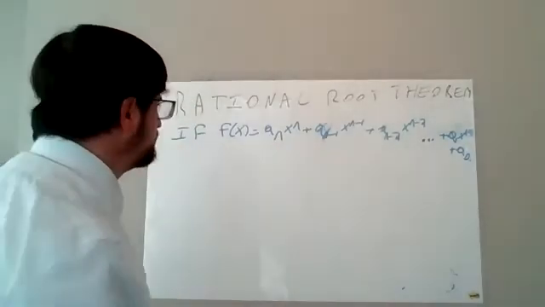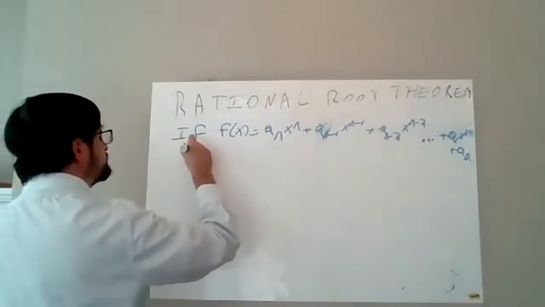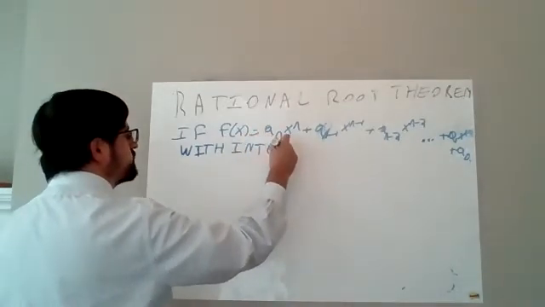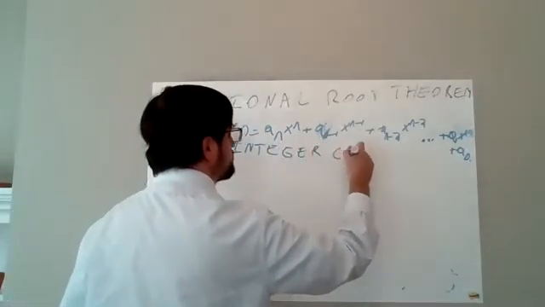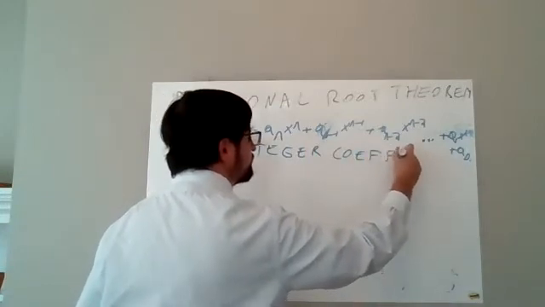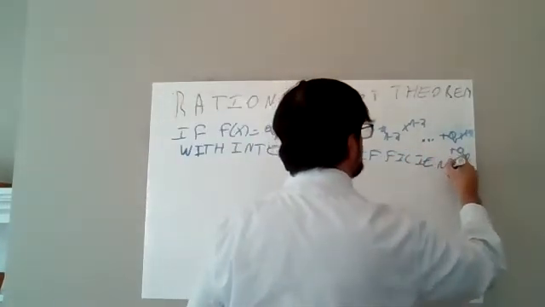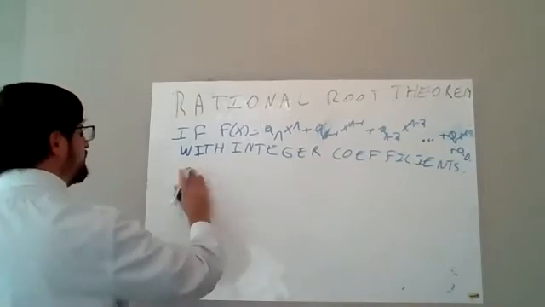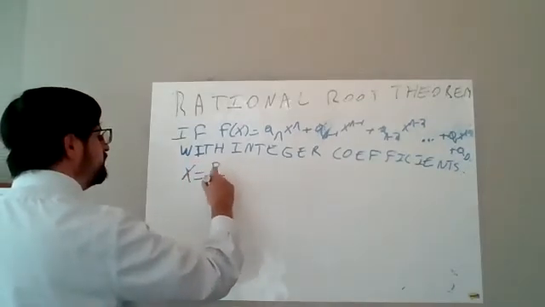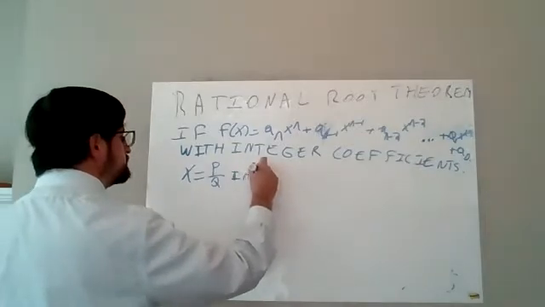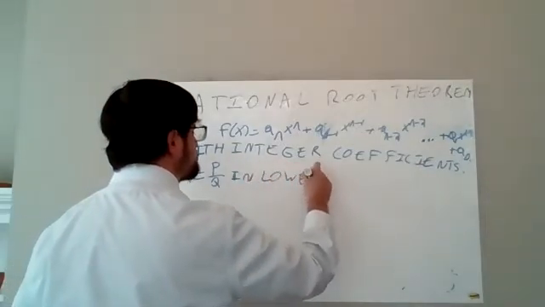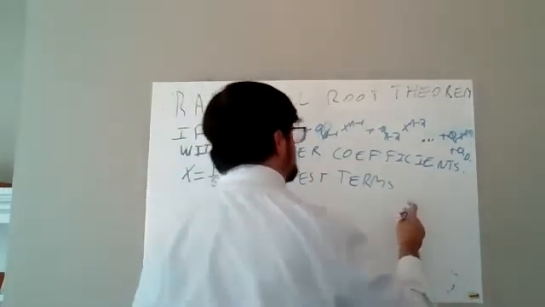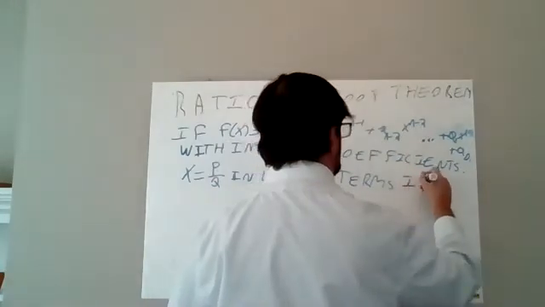All right, so I've got a polynomial. And we're going to assume with integer coefficients. So all the a_n's are integers. Okay. And assume that x equals p over q in lowest terms is a root of f.